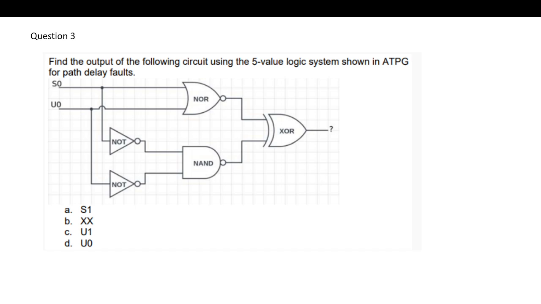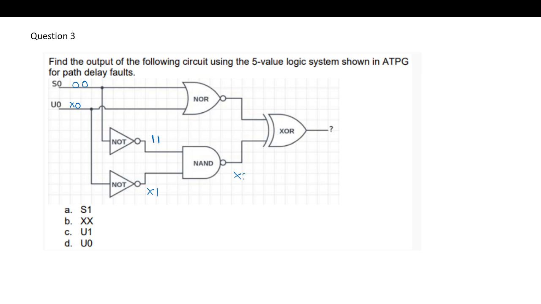Going to the next question. Find out the output of the following circuit using the 5-valued logic shown in the ATPG for the path delay. This is strictly 0, so it should be 0 0. This is x0. Now let's come to this NOT gate. Should be both 1. This NOT gate, don't care 1. This is an AND gate, so with any input 1 we don't know the output.